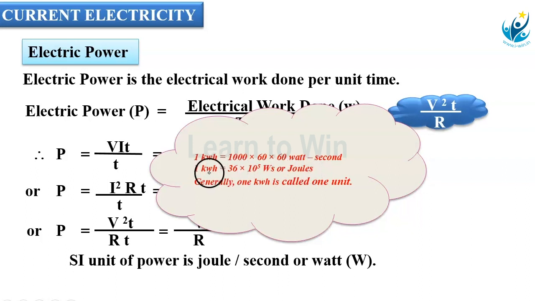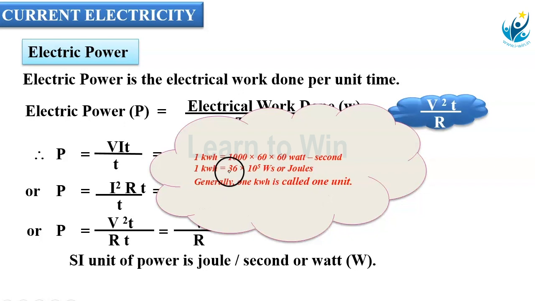So 1 kilowatt hour is equal to 36 into 10 power 5 watt second or joule. 1 kilowatt hour is called as 1 unit. 1 unit is what?